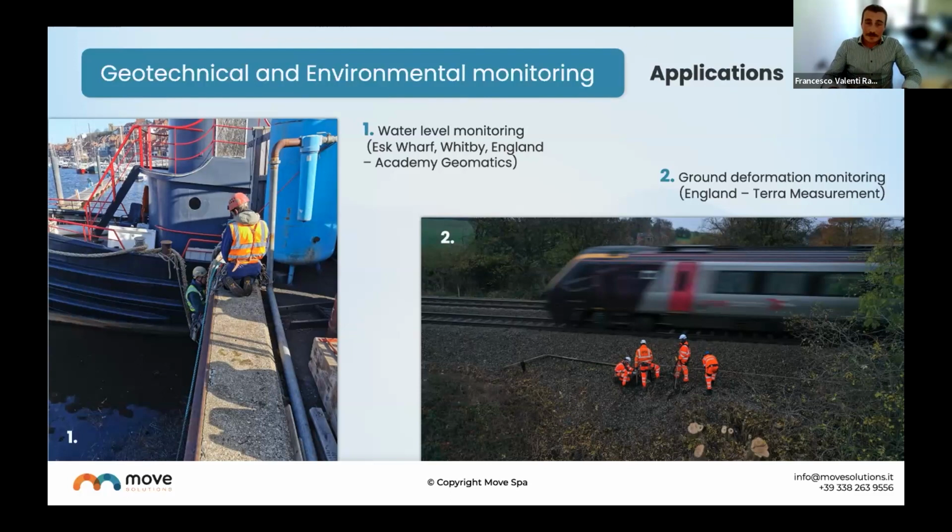In this project, thanks to a super smart usage of our tilt meters, Terra Measurement and its director Andy Bresley were able to install them on a railway embankment, as you can see from the photos, to check the stability and the stiffness of the embankment itself, checking and improving the safety of the railway track nearby.